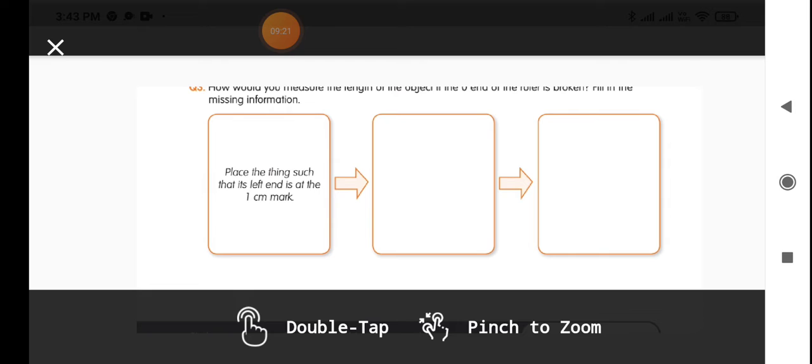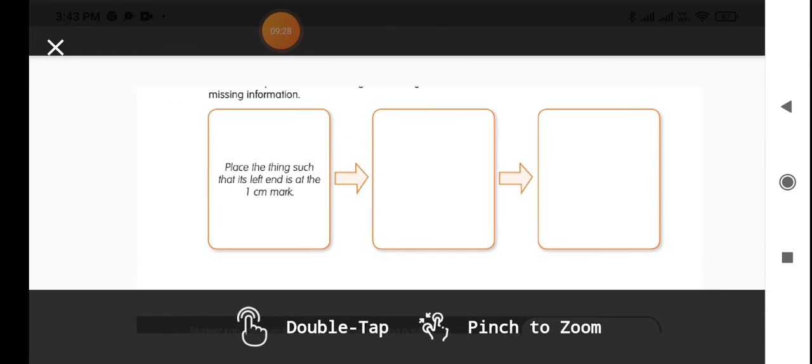So if 0 is missing in that ruler, you have to keep it near 1 and then measure the object.